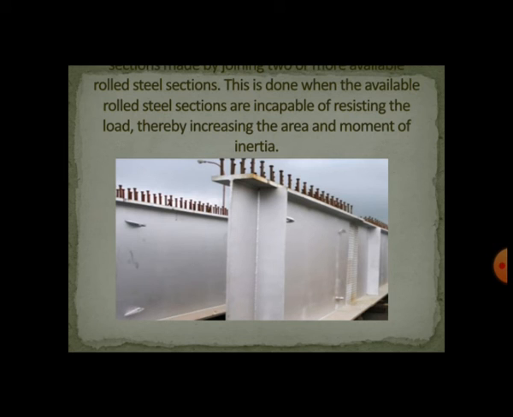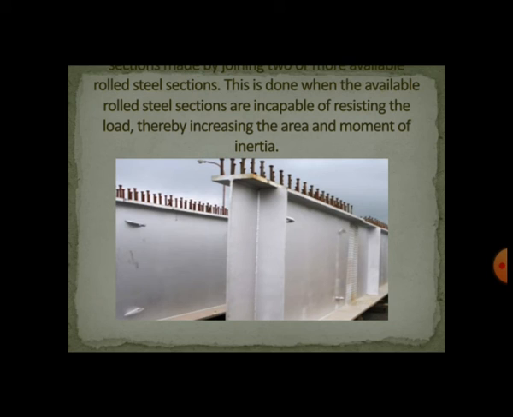Where the available rolled steel sections may not be capable of resisting the applied loads, we need to develop a new section by joining two or more available rolled steel sections. Such a section is called built up section.